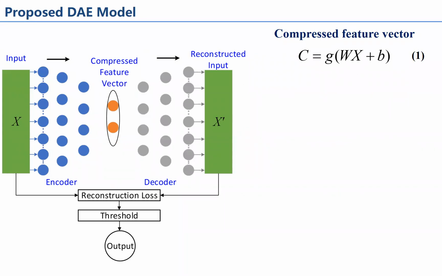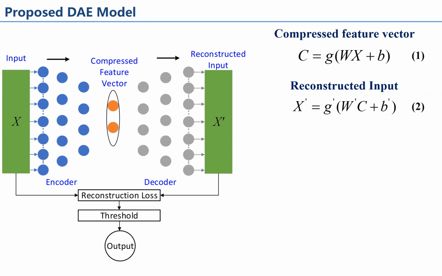Assume that the input data sample is denoted by X, and the compressed feature vector is represented by C. Then we can get C by equation 1, where G is the activation function, W stands for the encoder weight, and B is the bias. Denote the reproduced output by X prime.